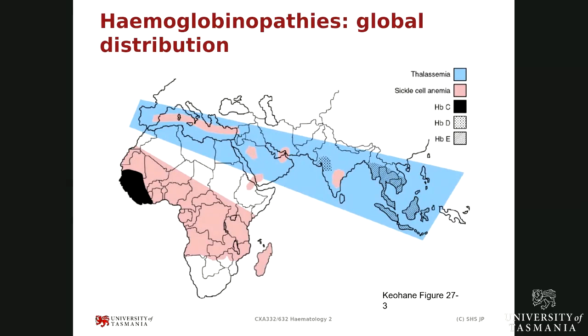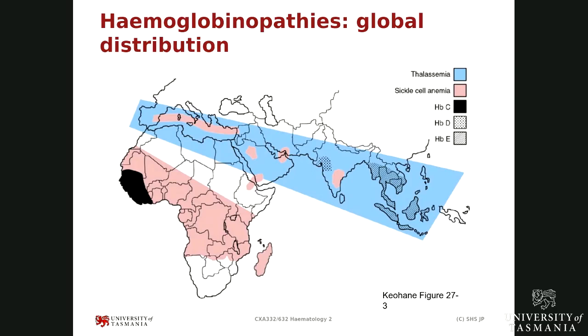So thalassemia in the blue, you can see going right along from the Mediterranean through the Middle East and then along through India and Southeast Asia. Whereas the hemoglobin variants tend to be a little bit more patchy in their distribution.